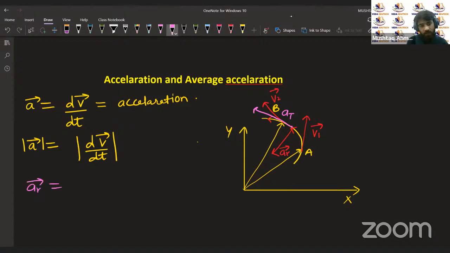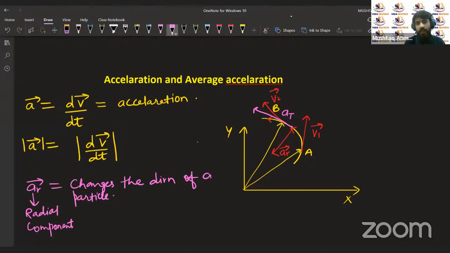It changes the direction of a particle. So AR, I call it the radial component. Radial component changes the direction of a particle, right?